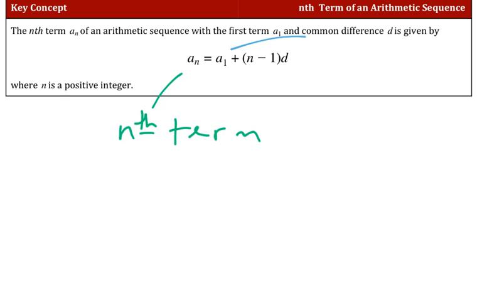A sub 1 is the starting term, n is the actual number of that term, meaning like the 5th, the 6th, the 7th, the 8th, not the value. And we won't even bother labeling that, so erase it if you did. And then d is going to be the common difference.